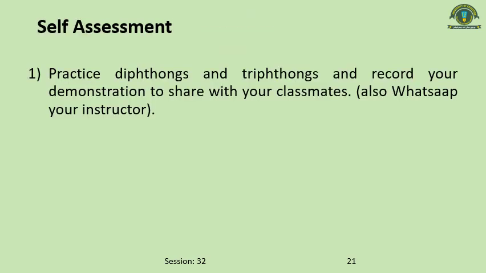Well, my dear students, before we talk about the self-assessment component of this session, I think it's appropriate to talk about what we've done today. We tried to understand what the vowel sounds of English are. During the previous session, I talked with you about monophthongs. We transcribed them, demonstrated them, learned them. This time, we tried to understand two more types of vowels.